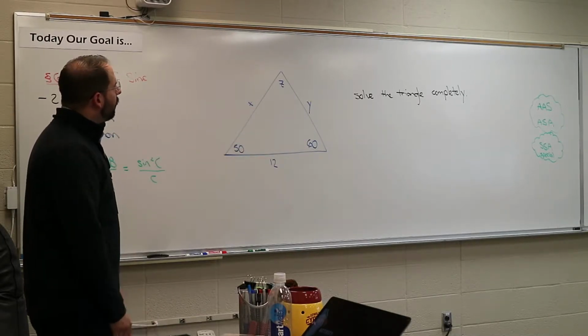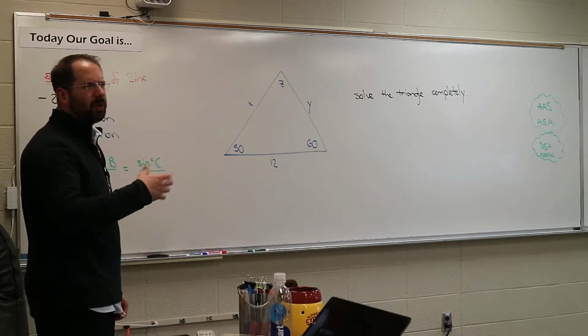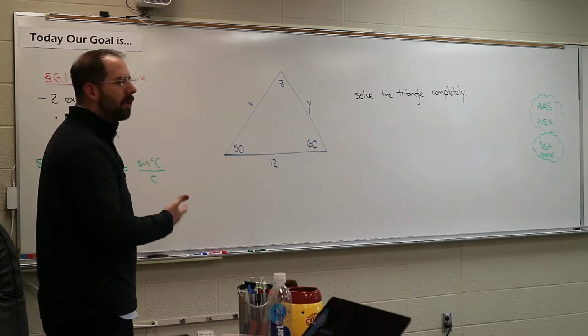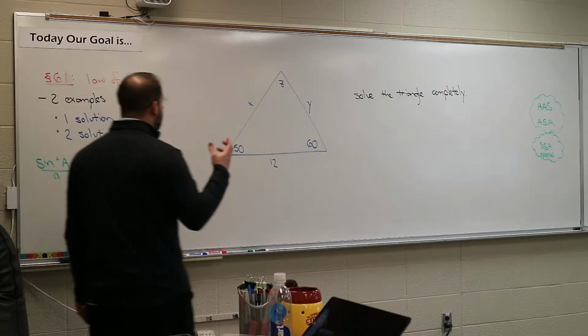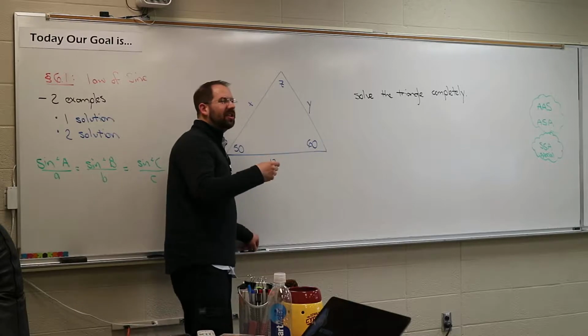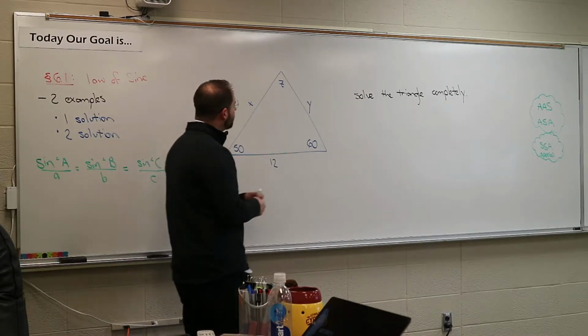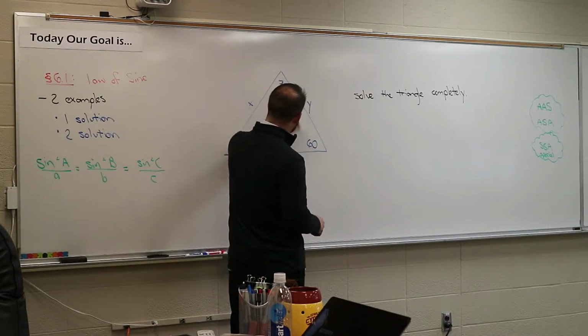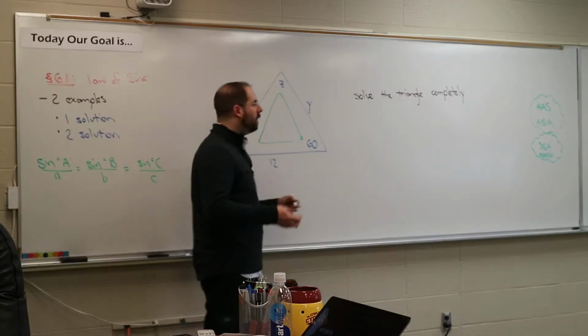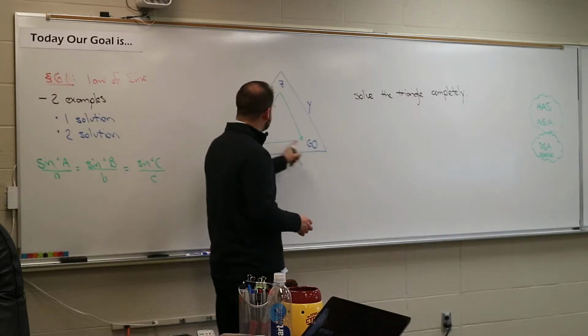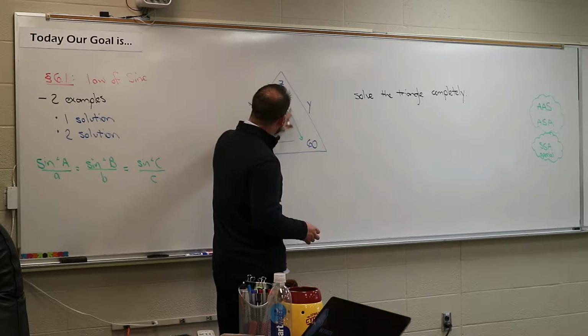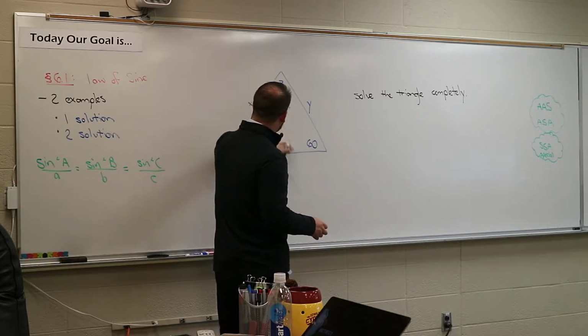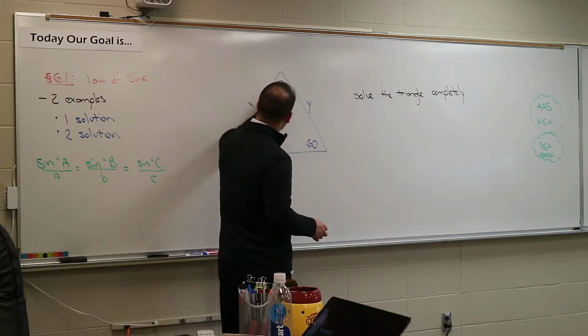Okay. This one, I'm going to try to walk you through the steps. If you were to have a problem like this, if this is your triangle, you can actually find the missing angle at the top because triangles have to add to make 180. So in theory, if I add these together, it's 110. So then this angle that's left would have to be 70, right?